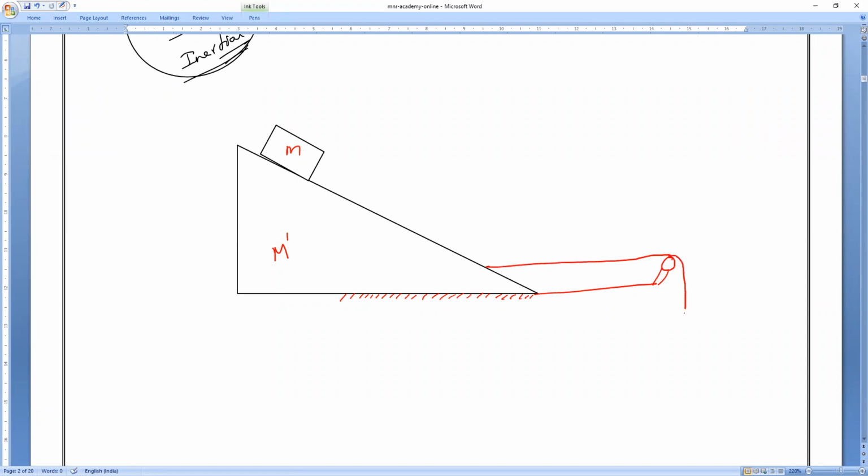The small m should not slide over the inclined surface M dash, but the inclined surface should move in the forward direction. So that is our target.